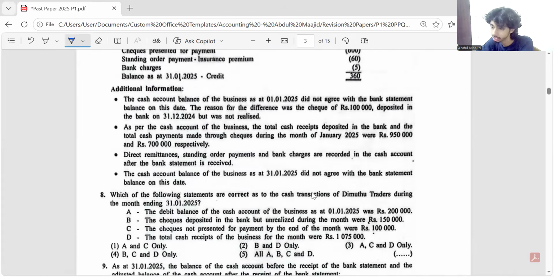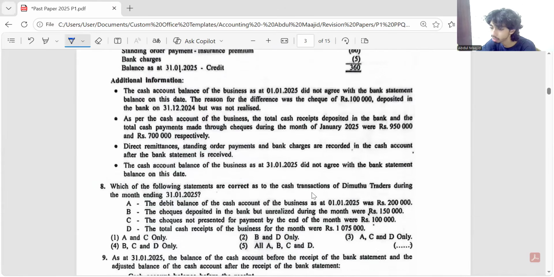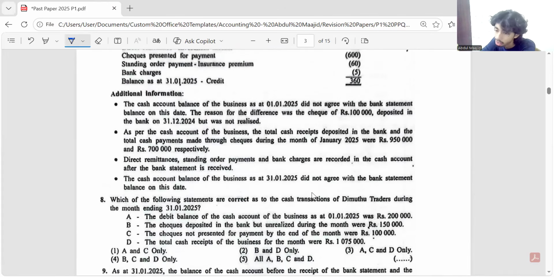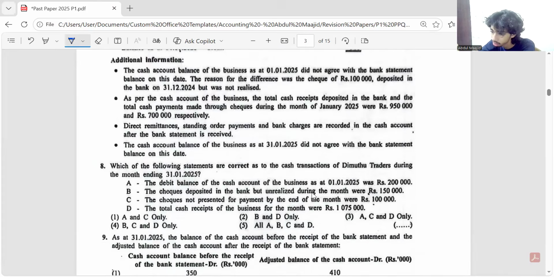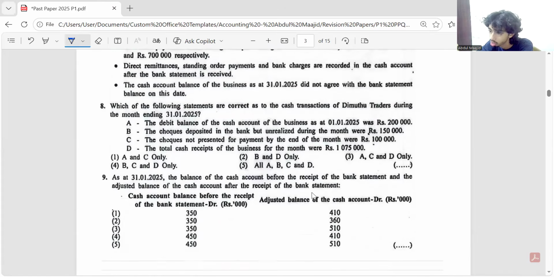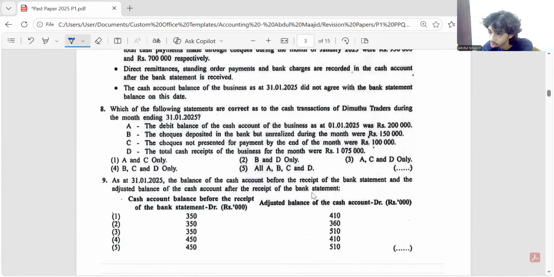Which of the following statements are correct as to the cash transactions of Dimutu traders during the month? The debit balance of the cash account of the business as at 1st of January 2025 was 200,000.